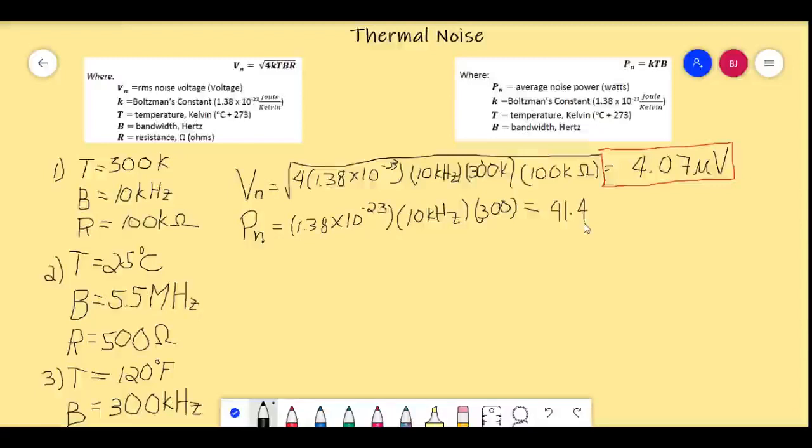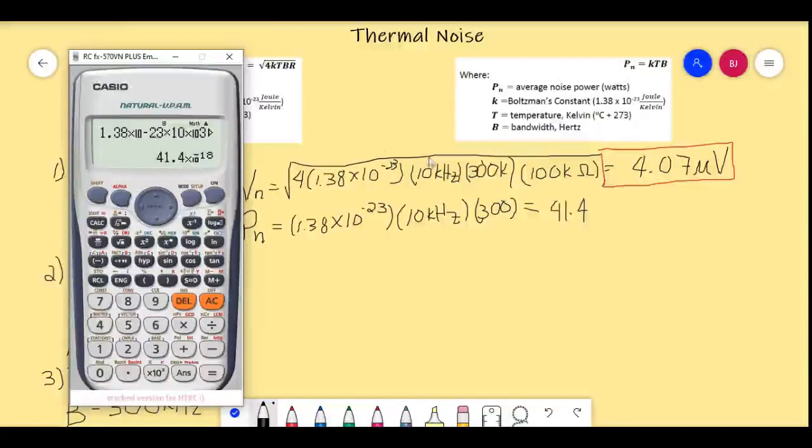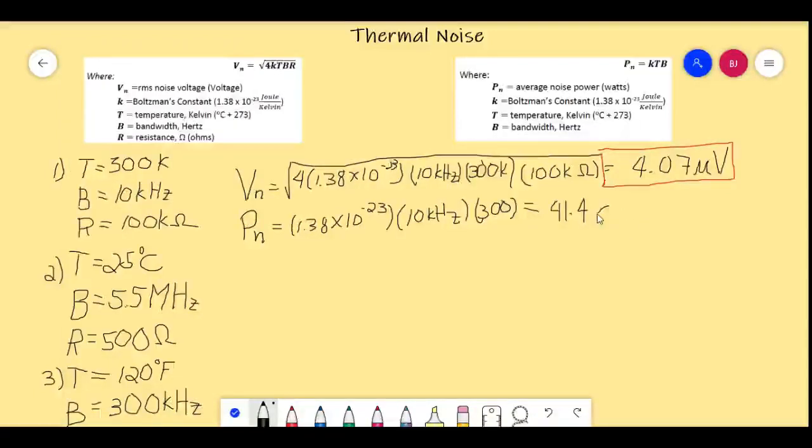Now, as we do not have the prefix for -18, we'll just write it as is, and because this is power, we put in watts. Again, the reason we did not convert this into a prefix is that our discussion of the table only goes up until -12 or -15.